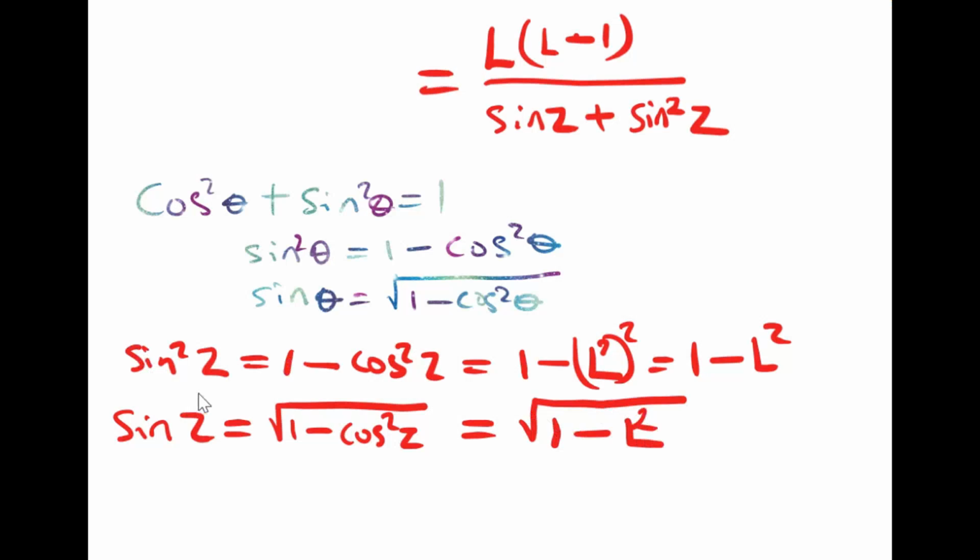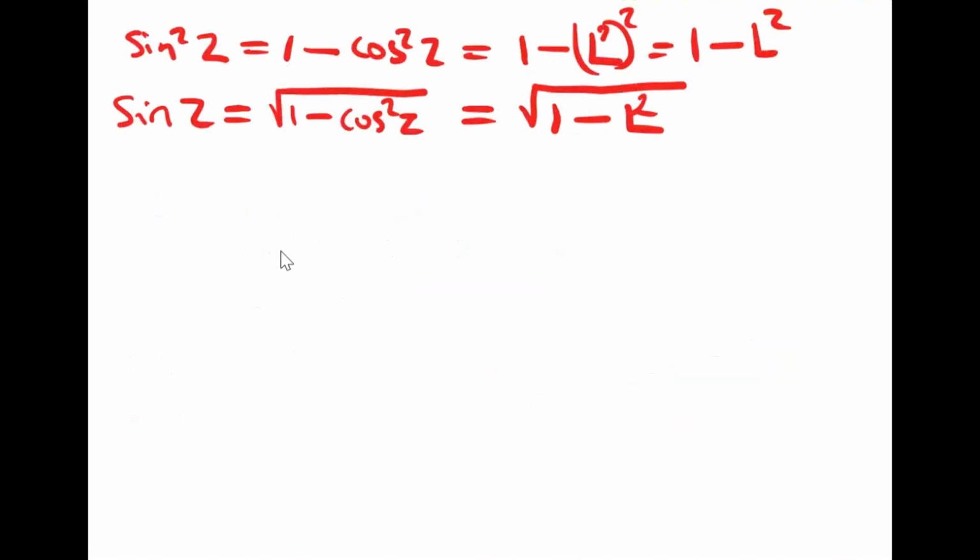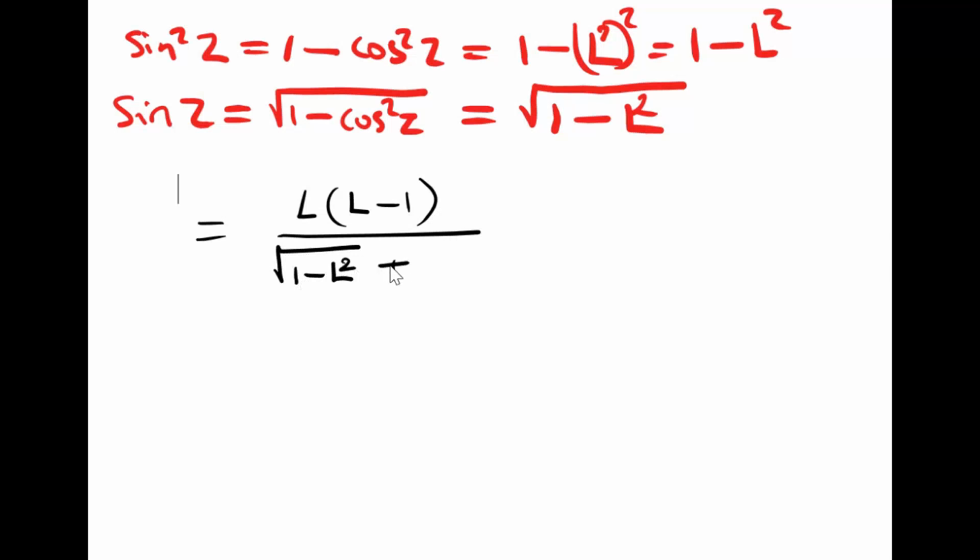Substituting sin z and sin square z into our expression, we have that our numerator is L into L minus 1, and our denominator is sin z plus sin square z. Sin z is the square root of 1 minus L squared, and sin square z is 1 minus L squared.